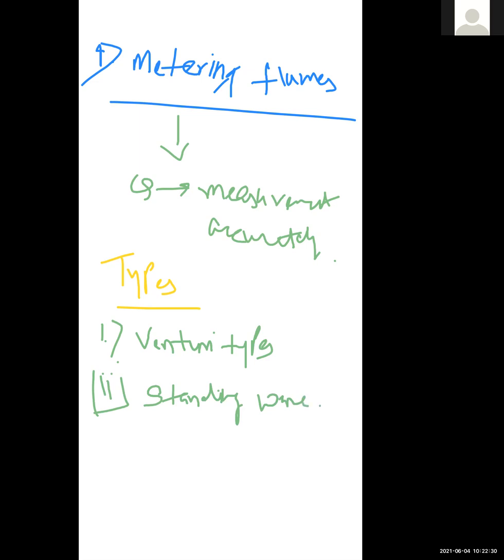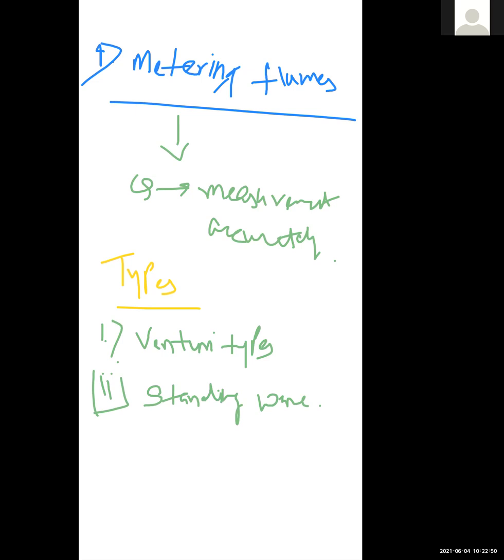The line diagram of the Venturi type flume is similar to a Venturimeter, and its working is also similar, that is for calculation of discharge.